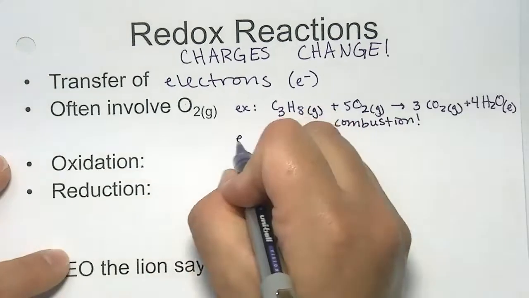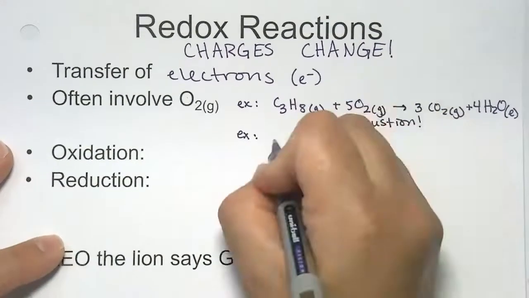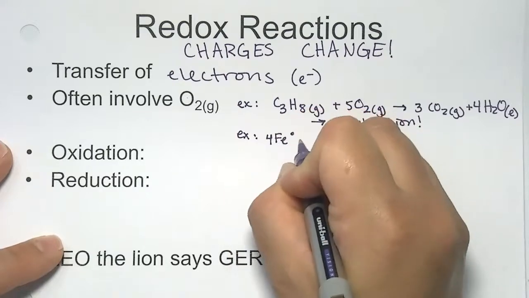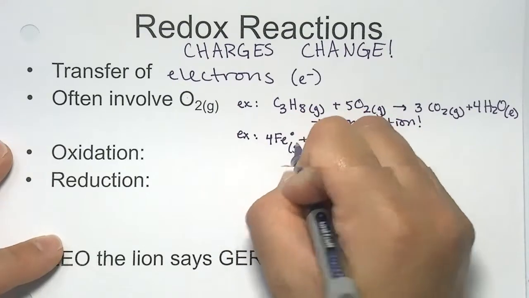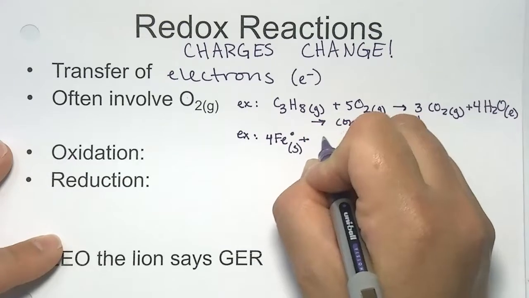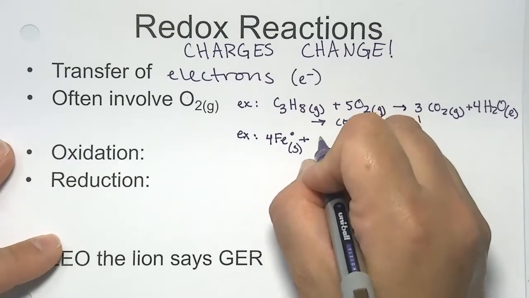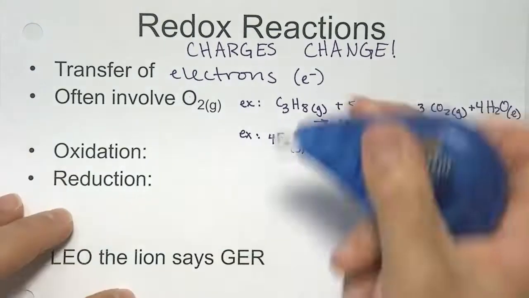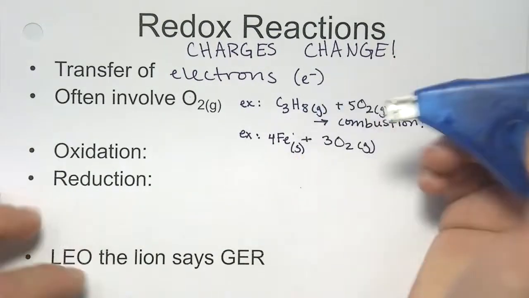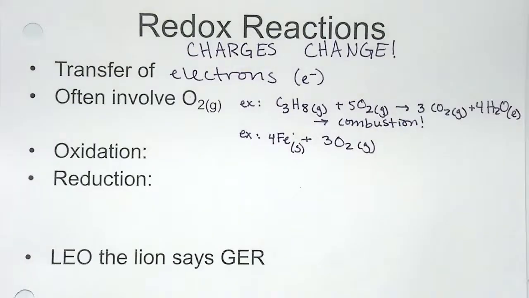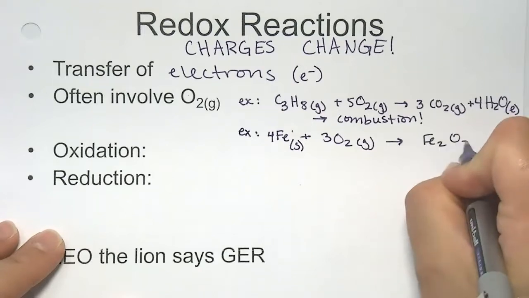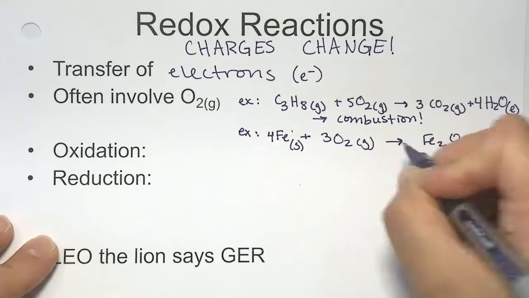Another really common example that you've probably seen before is with rust. So if you have iron that starts as just the solid and it reacts with oxygen gas, what you make is rust, which has the formula Fe2O3 in the solid state.